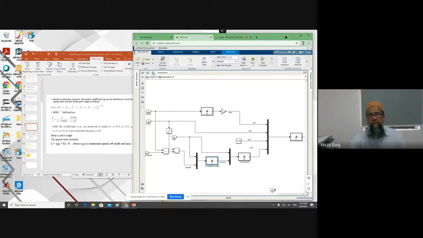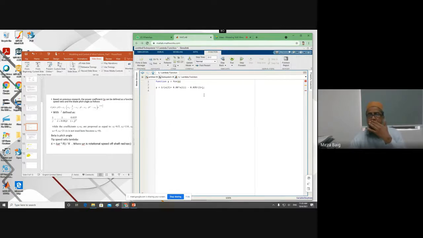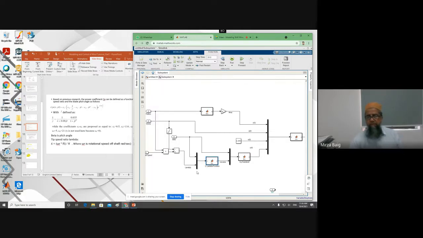Beta is 1. U1 cube. That's it. So that's our 1 over lambda function.